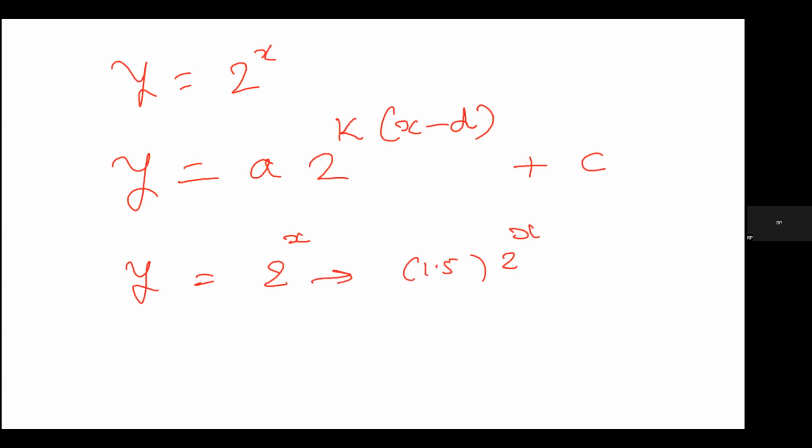So this is now vertically stretched by 1.5 and reflected in the y-axis. When they say reflected on the y-axis, that means 1.5 into 2 power minus x. This is the reflection on the y-axis. And it is moved 2 units up, so plus 2. So this is the equation when you are given the transformation in verbal form.